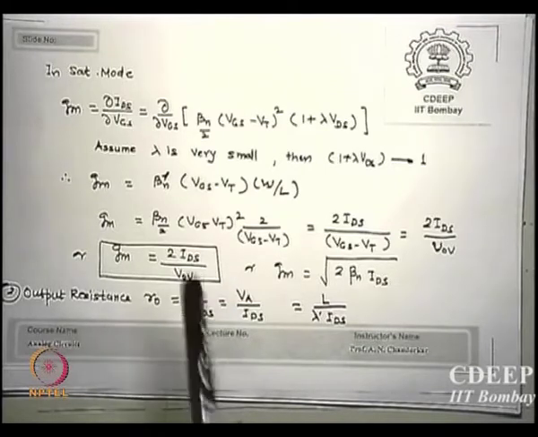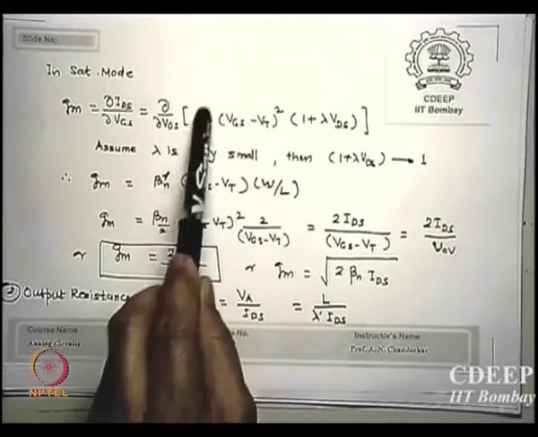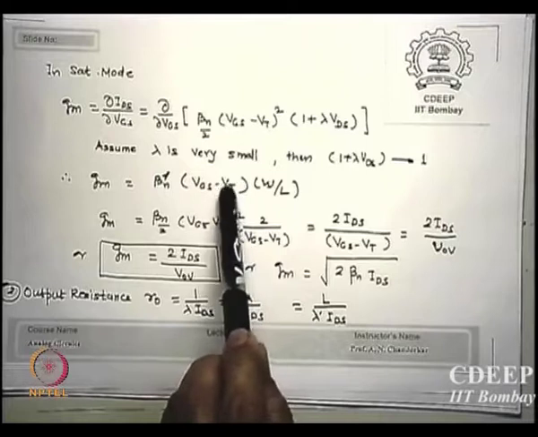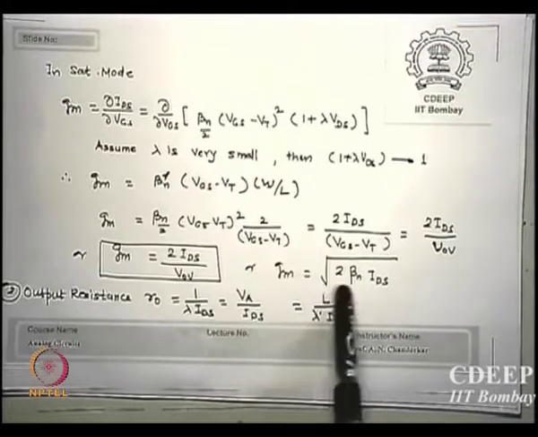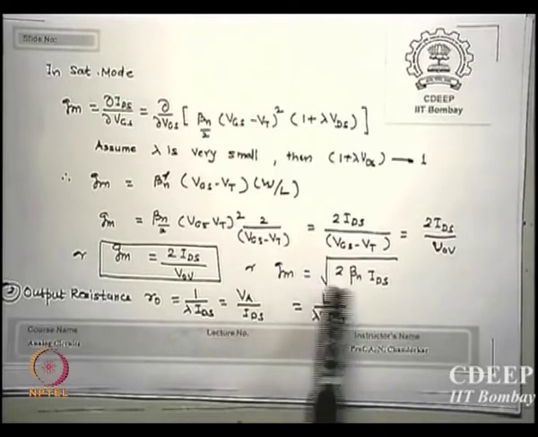Is that clear? This expression we use many times: GM equals root of 2 beta n IDS.